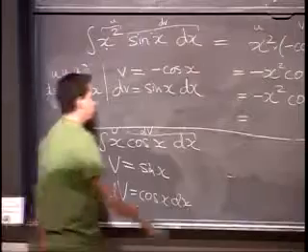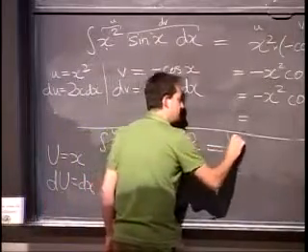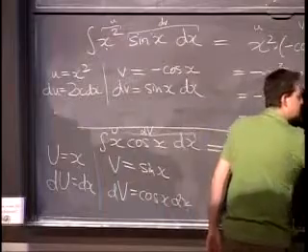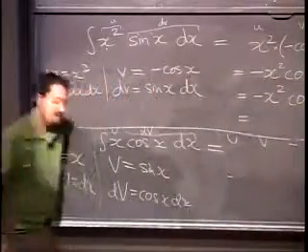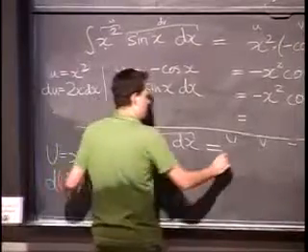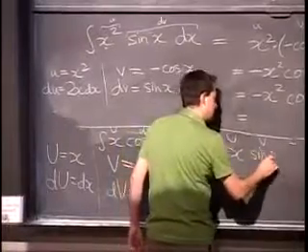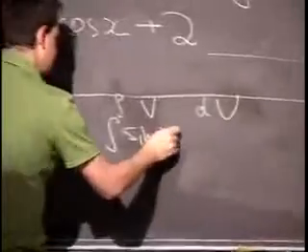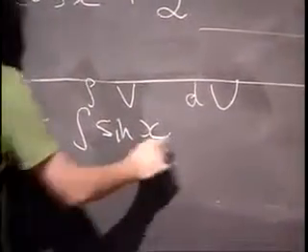So I use the integration by parts formula. Big U, big V, minus integral of big V, d big U. Of course, there's nothing special about U and V. You can call it A and B if you like. It doesn't matter. So I get x sine x minus the integral, V is sine x, dU is dx.